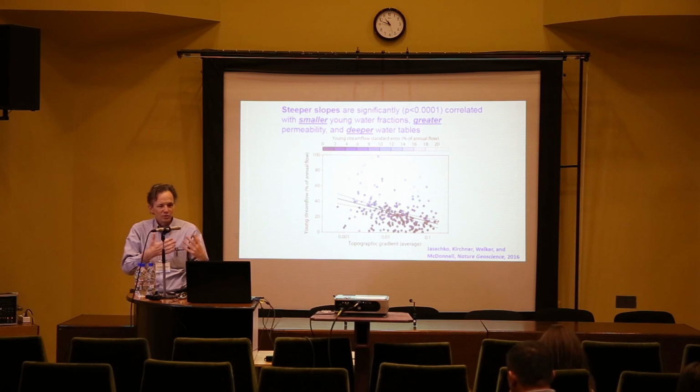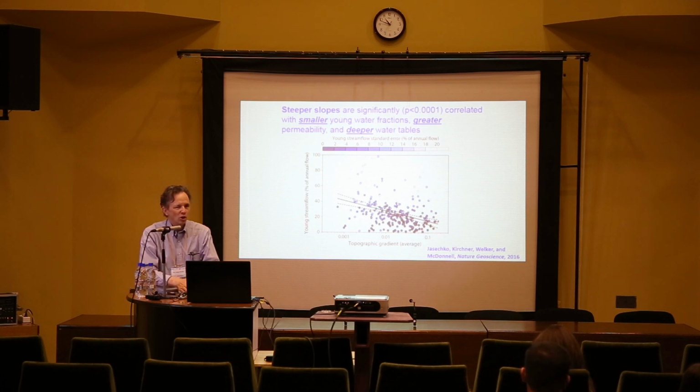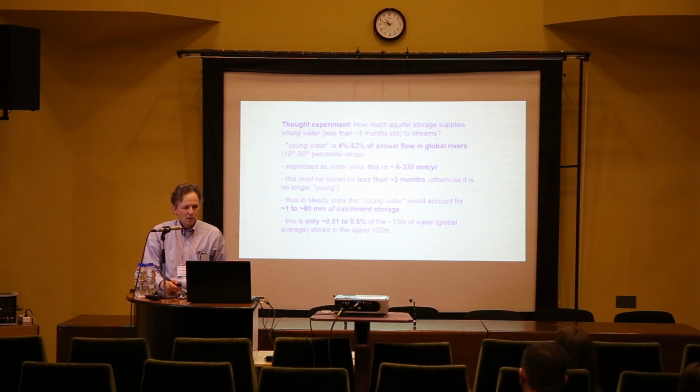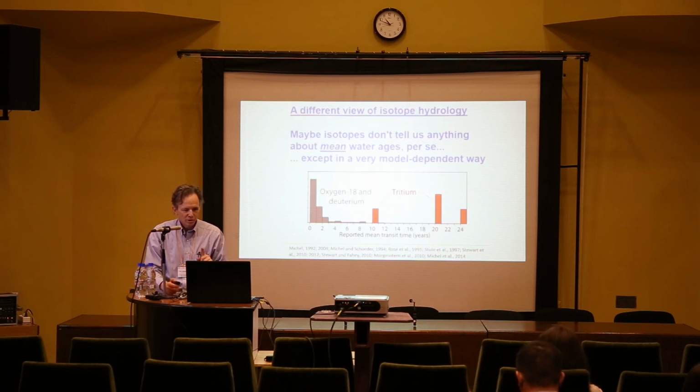So in fact, in the steeper landscapes, you expect to have more open fractures, promoting deeper infiltration and longer, not shorter, transit times. We will skip that in the interest of time.